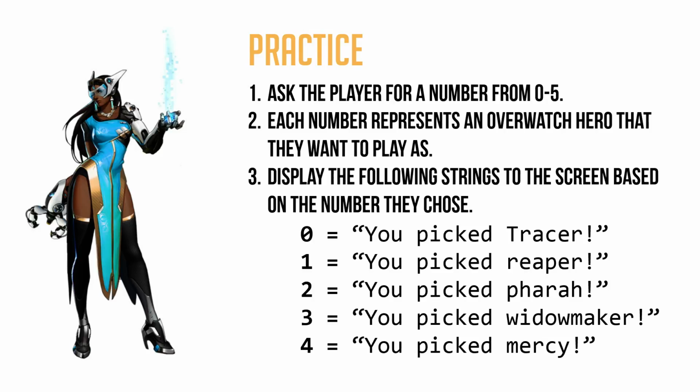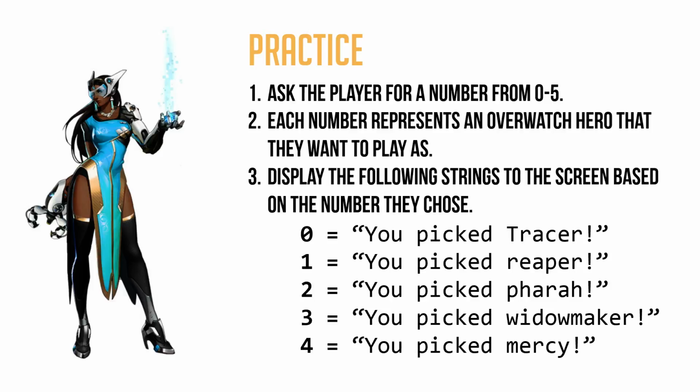I just want you to mimic a text-based hero select in Overwatch, where you ask the player for a number from 0 to 4, because there are 5 heroes, and each number represents a hero you want to play as. If I type 0, I want you to say, I picked Tracer. If I type 1, you pick Reaper. If I type 2, you pick Pharah. 3, you pick Widowmaker. 4, you pick Mercy.